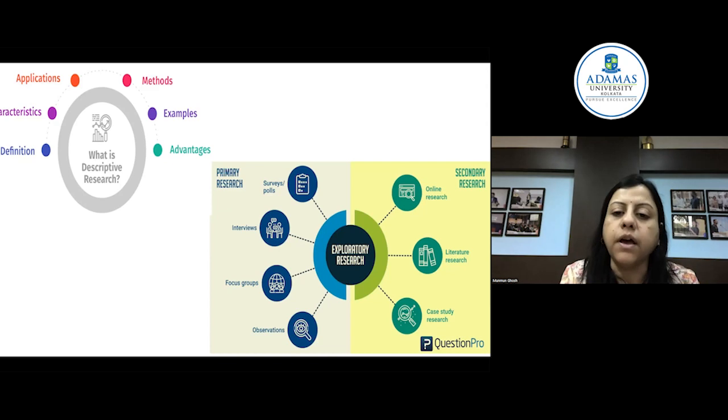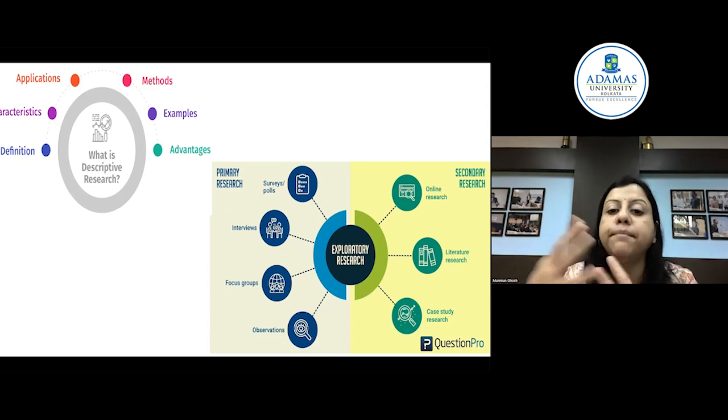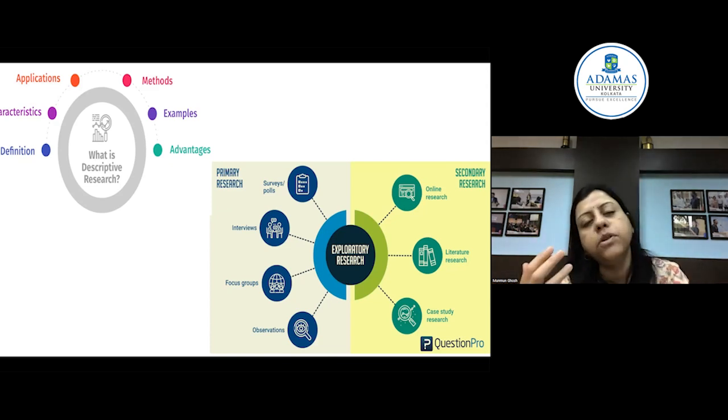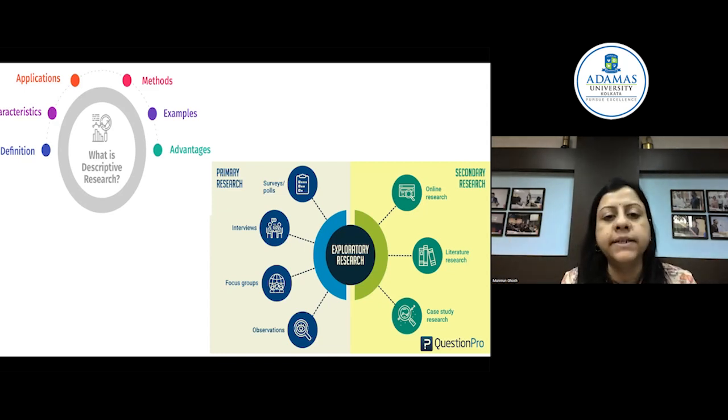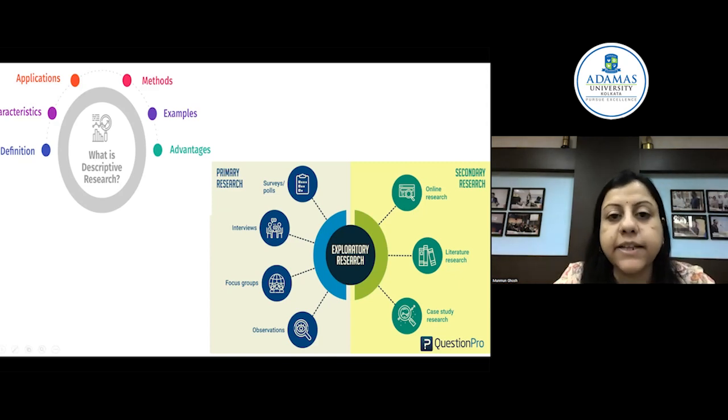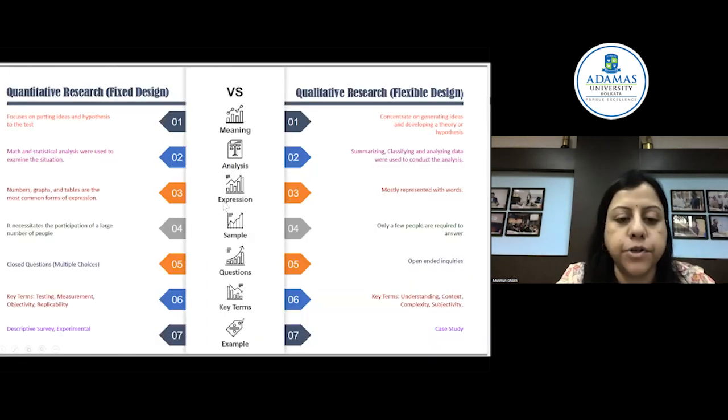Observational study is also a core part of qualitative research. If we blend them, a survey or poll followed by an interview, a focus group, or an observational study, that becomes a mixed method study, or the design that we combine and work towards.